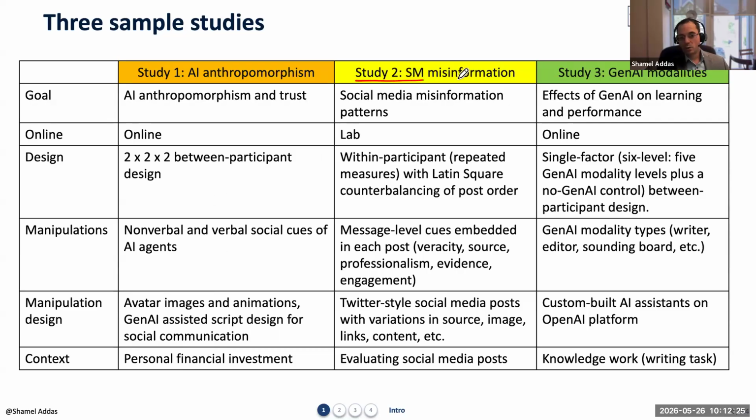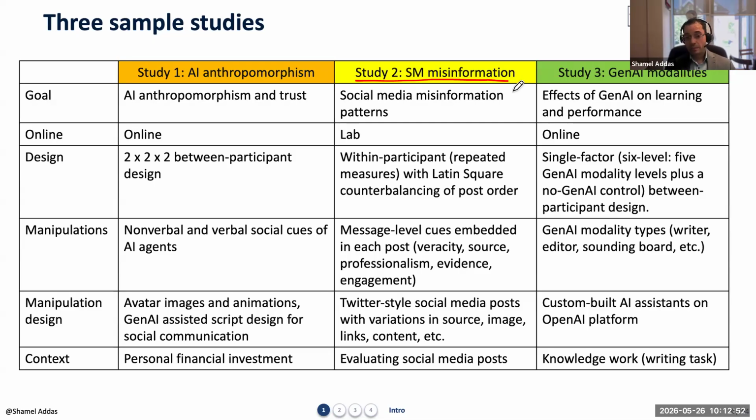In terms of study two, we were looking at social media misinformation. So the sample here were people who, in their day-to-day interactions, are exposed to social media posts, and they would then try to see if the message of the post is true or false. So typical misinformation design.